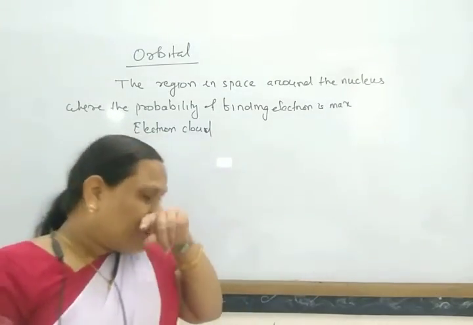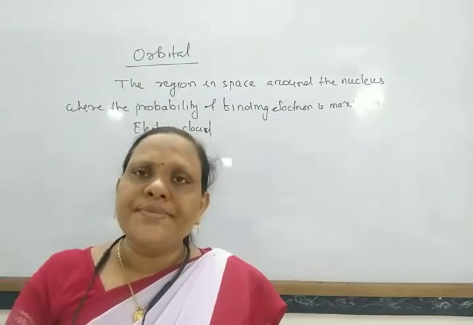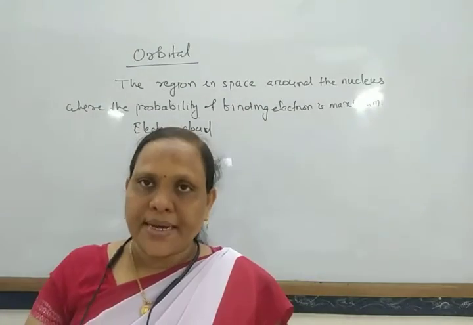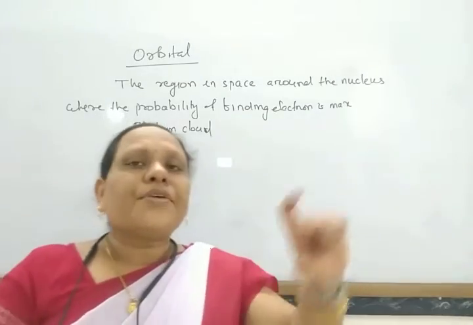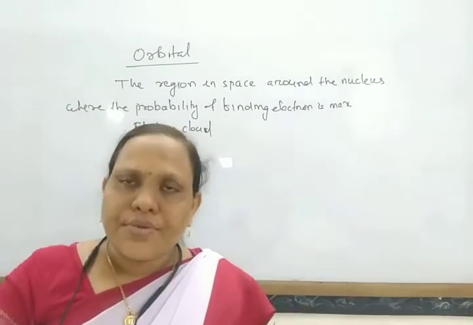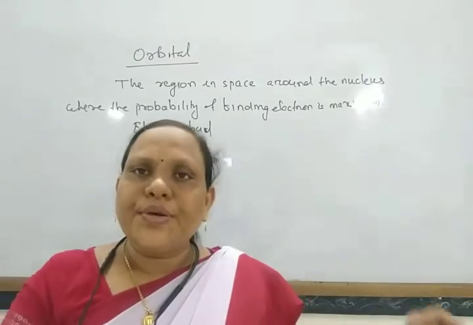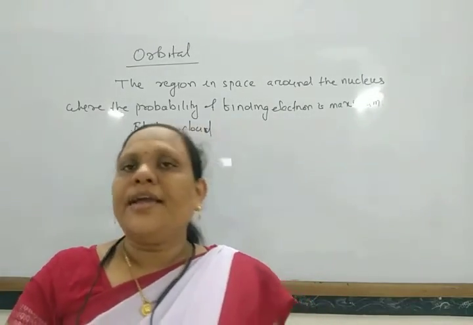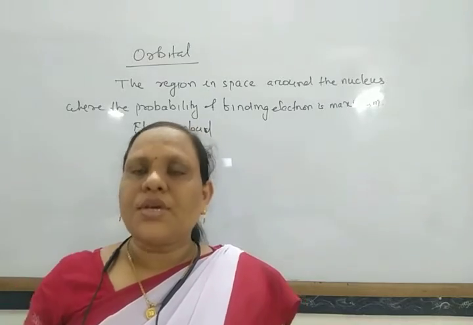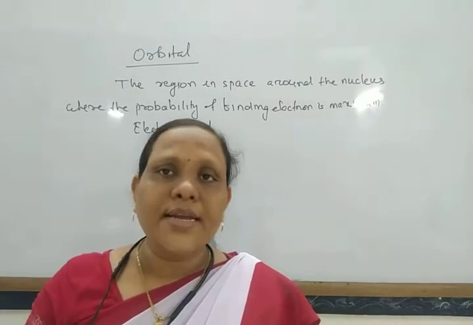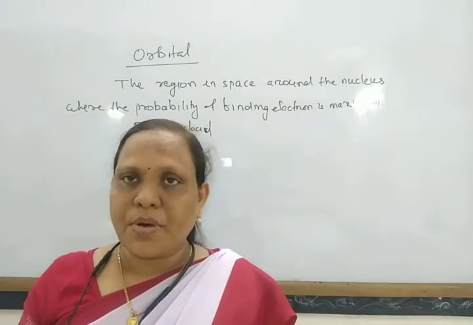So what is the difference between an orbit and an orbital? An orbit is the circular path around the nucleus where an electron revolves, and an orbital is the space around the nucleus where the probability of finding an electron is maximum.